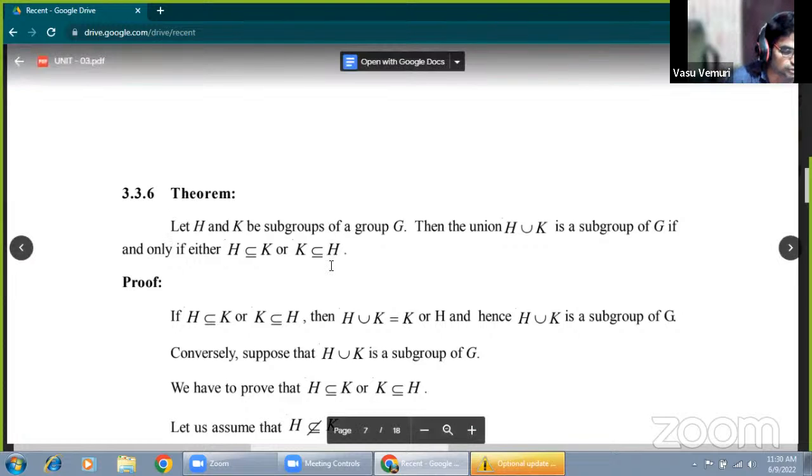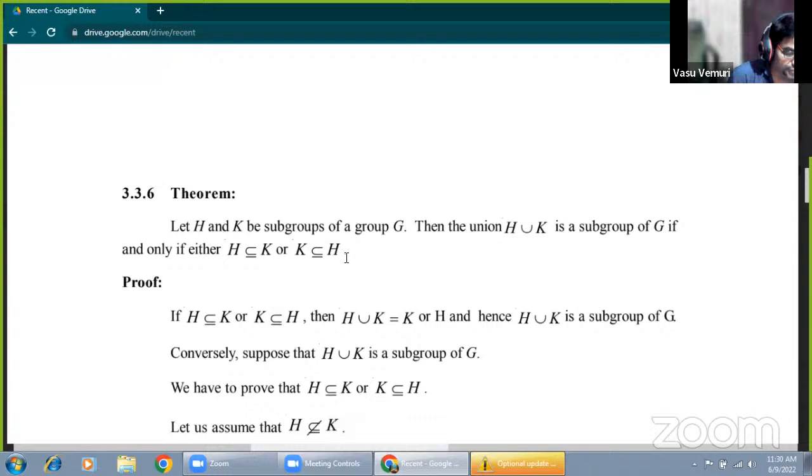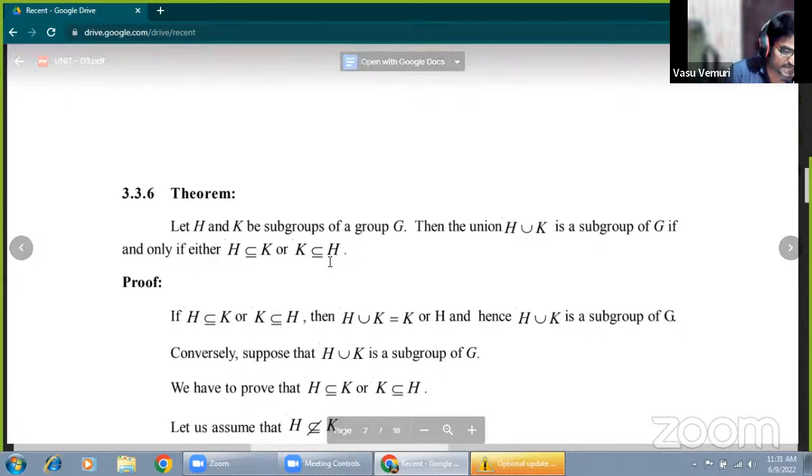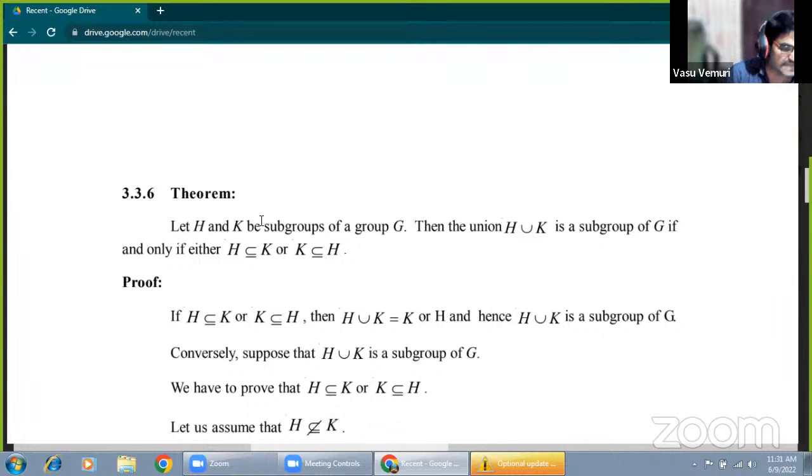This theorem can also be expressed as the union of any two subgroups is a subgroup if and only if one is contained in the other.